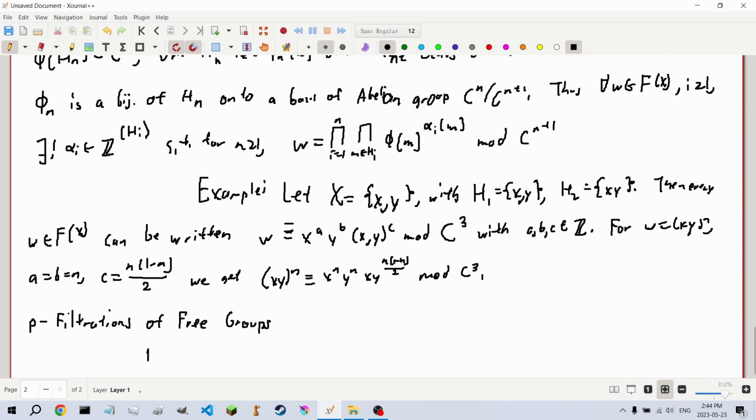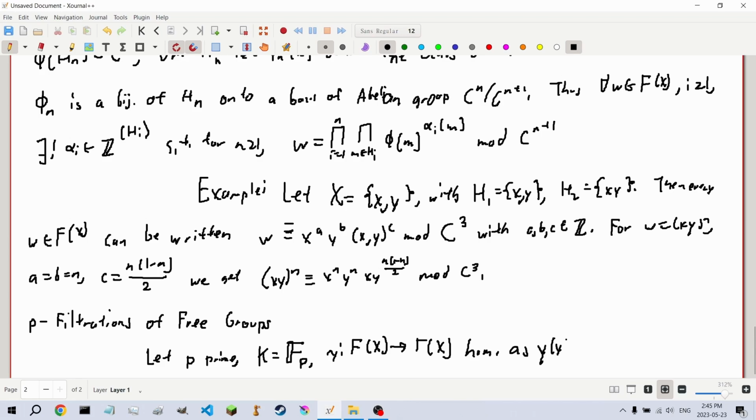So we let p be prime, and k being, I believe, the finite field with p elements. And gamma be a map from F, the free group of X, into our Magnus algebra of X, a homomorphism.